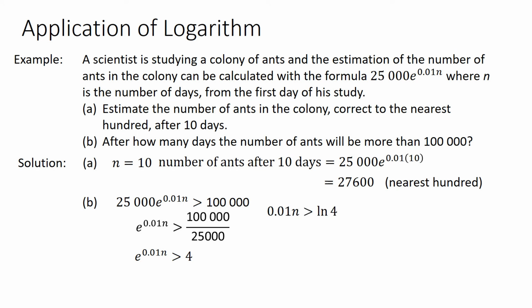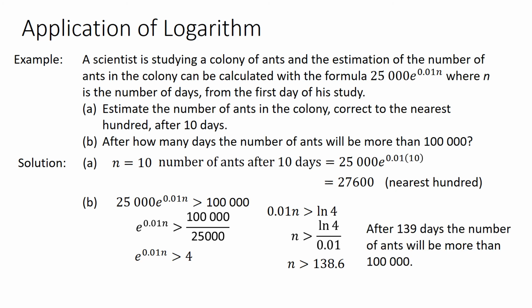Now from here, we need to apply the ln function, which becomes 0.01n greater than ln 4. n will be greater than ln 4 divided by 0.01. Then we can press the calculator. n is greater than 138.6. So, which means after 139 days, the number of ants will be more than 100,000.